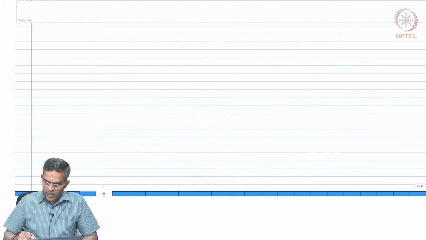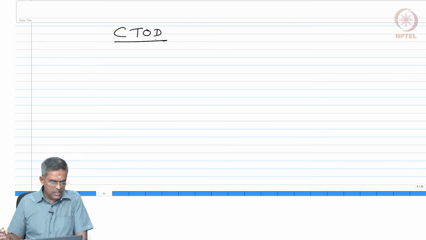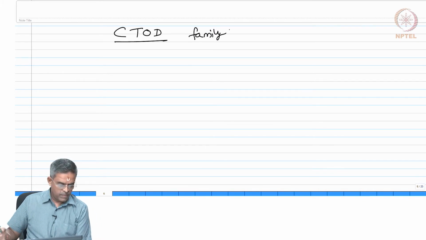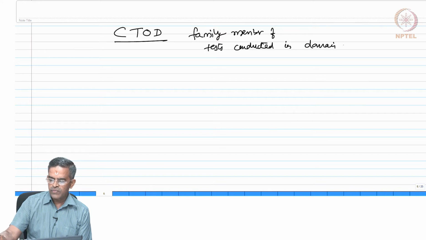So, if you ask me a quick question, what is CTOD test? Crack tip open displacement test is a family member of tests conducted in the domain of fracture mechanics.